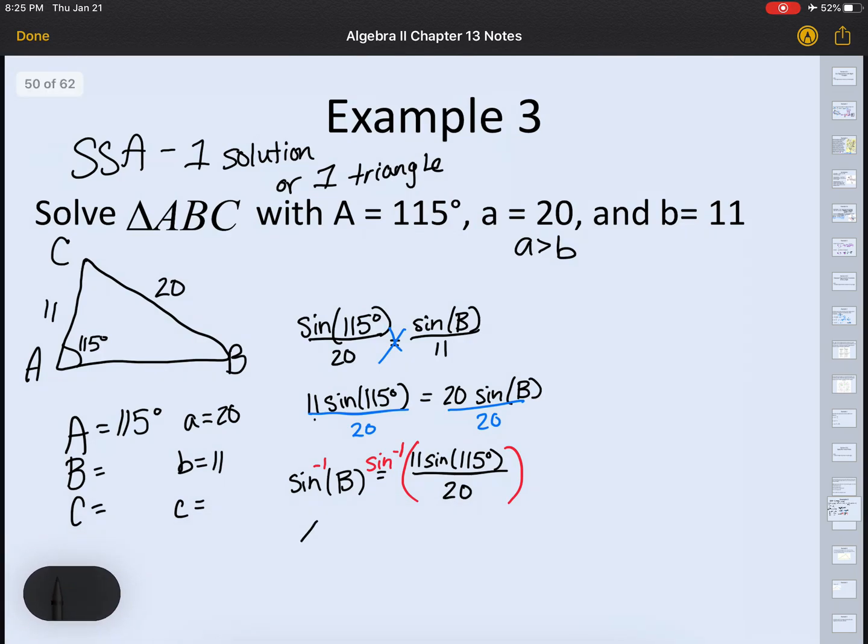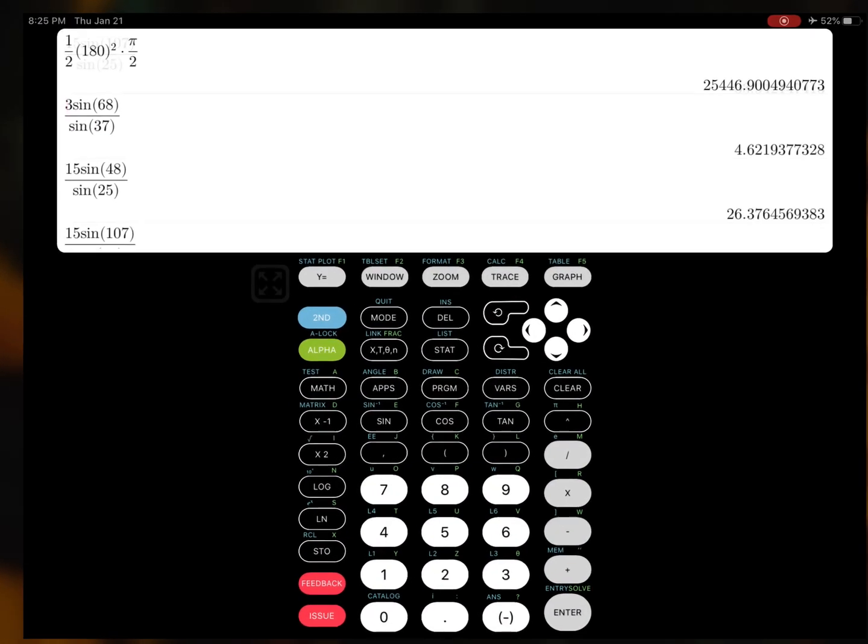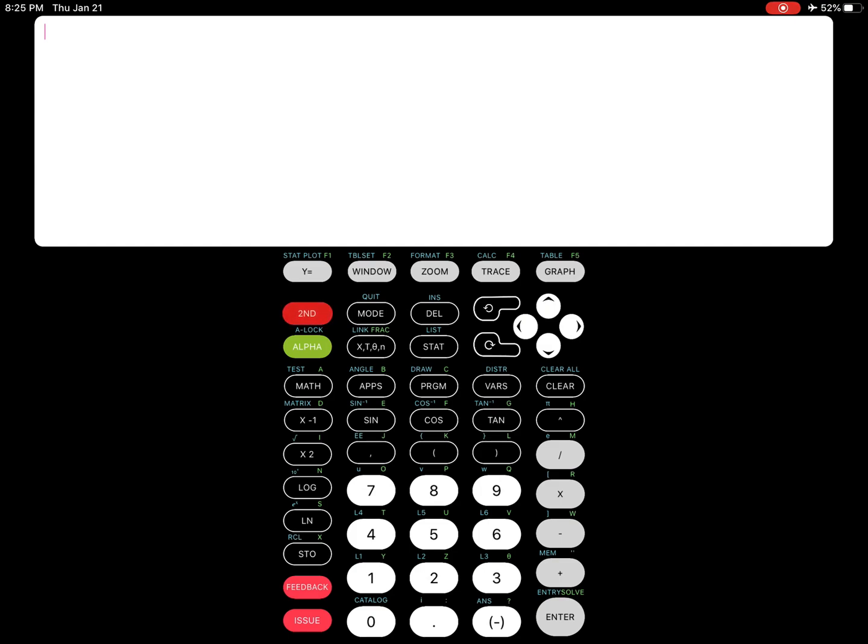So we get that angle B is about, if we go to the calculator here, sine inverse of 11 sine 115 all over 20.